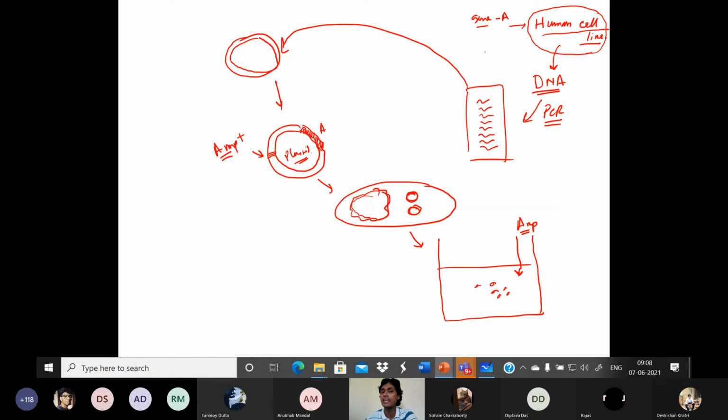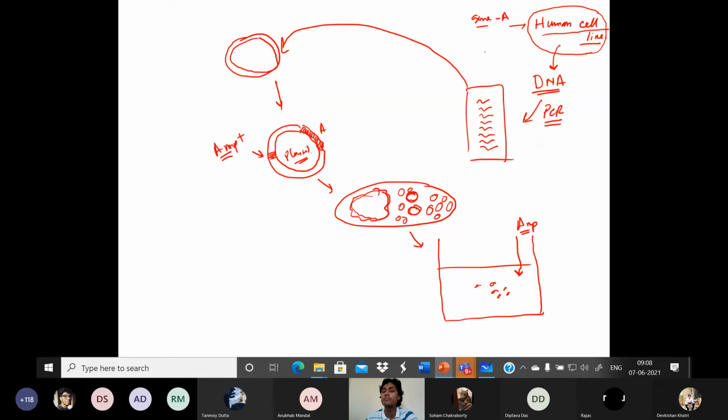This portion of this plasmid can make some product, and because of that product, those bacteria are resistant to ampicillin. Ampicillin is an antibiotic. But if you increase the ampicillin concentration, then what will bacteria do? Bacteria will try to survive. Then the plasmid number will increase inside the E. coli cell, a lot.